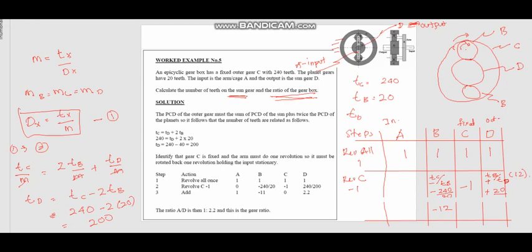So B meshes with D. Again, rotation is the same. It's just that TD. So TD is equal to 200, right? Times 12. So this is plus. So cancel out. So this is 1 over 10. So this is 1.2.